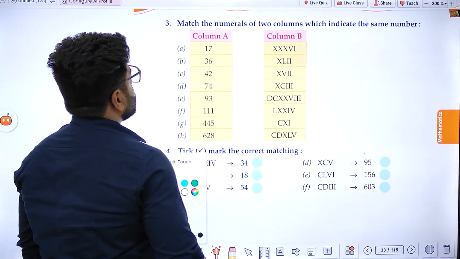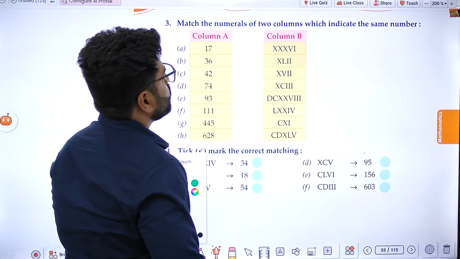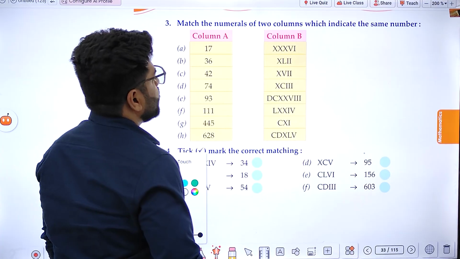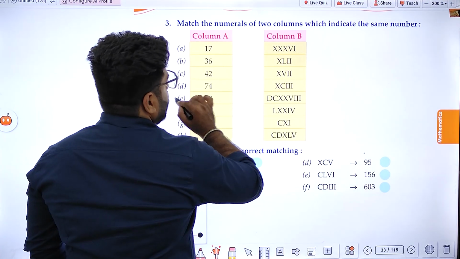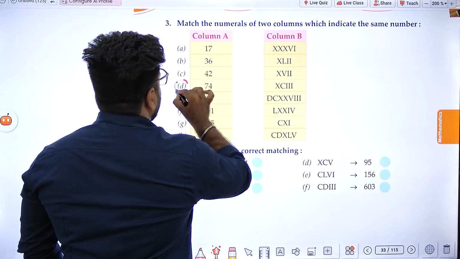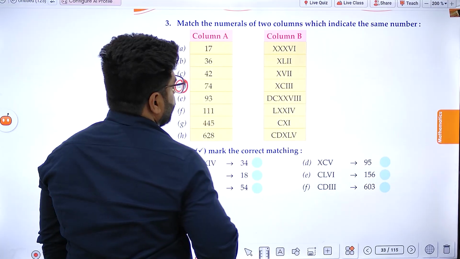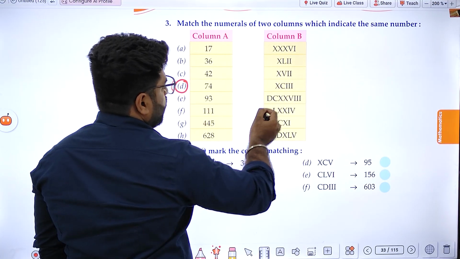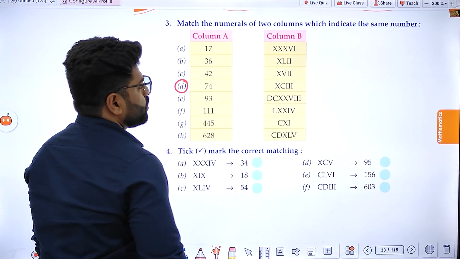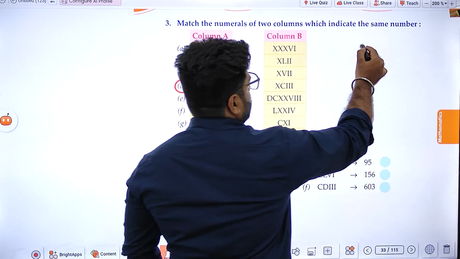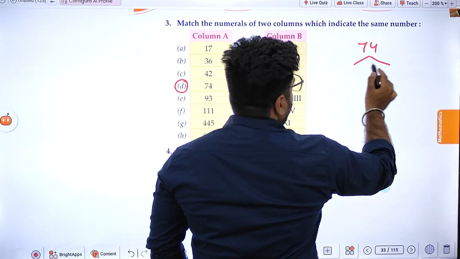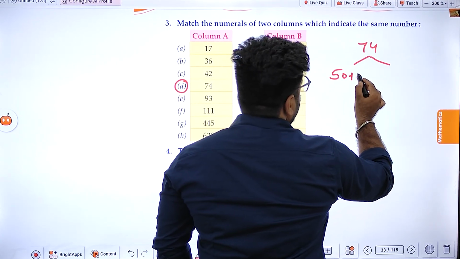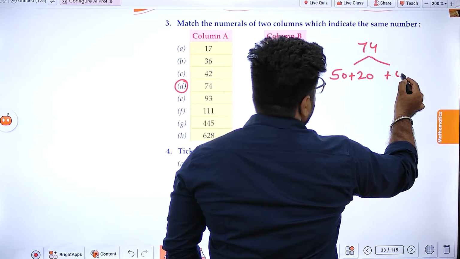Okay, here we have question number 3. Match the numbers of the two columns which indicate the same number. Okay, here we have the D part, that is 74. So we have to find out the 74 here. So we are going to solve it here. That is 74. Now we break it, that is 50 plus 20 plus 4.